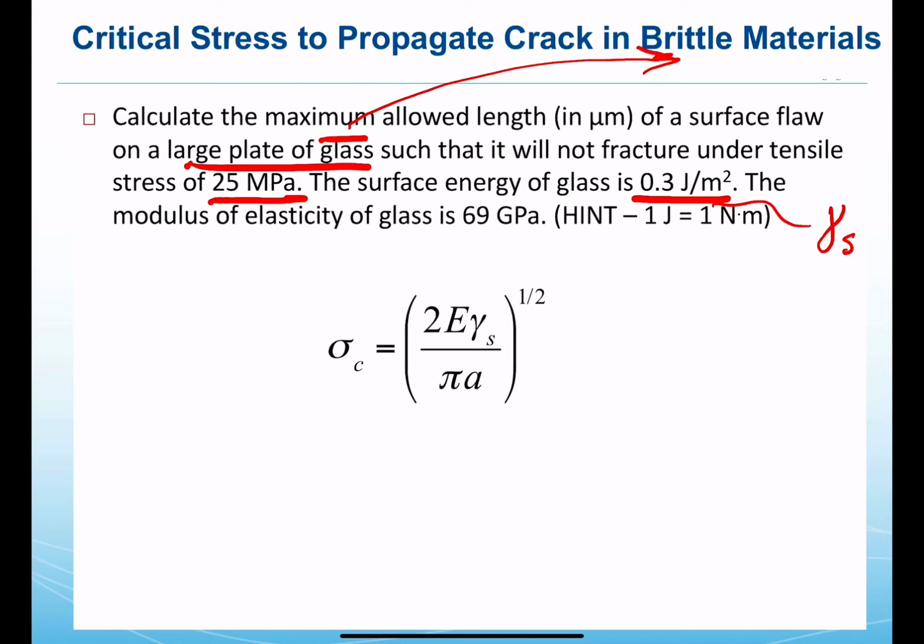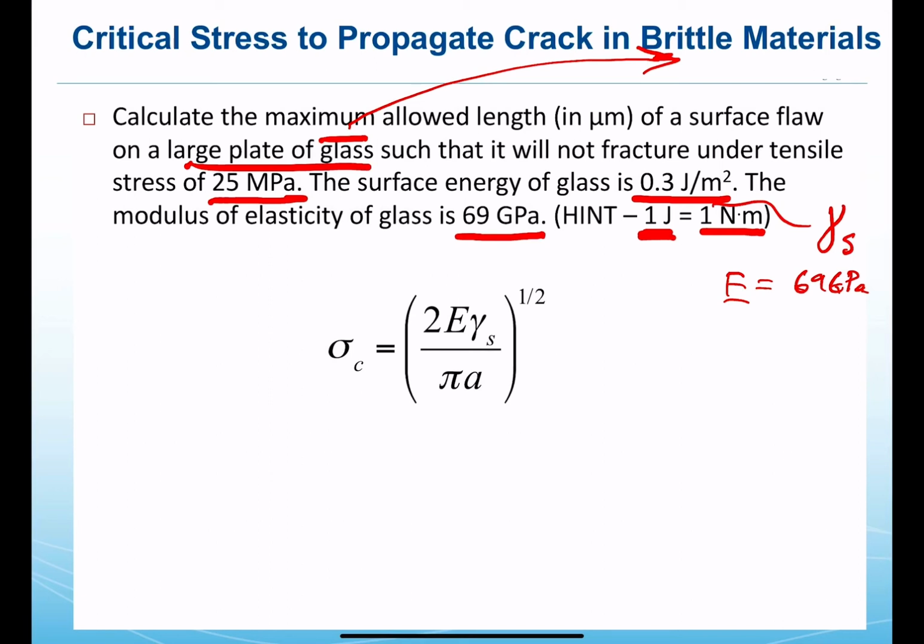And we're also given the modulus of elasticity of the glass. So this is going to be a very high value, very steep stress strain curve. So this is going to be 69 gigapascals for E. Okay. And we're also told, as a hint, that 1 joule is equal to 1 Newton meter. Okay, sort of like the work equals force times distance equation is hinting at that.